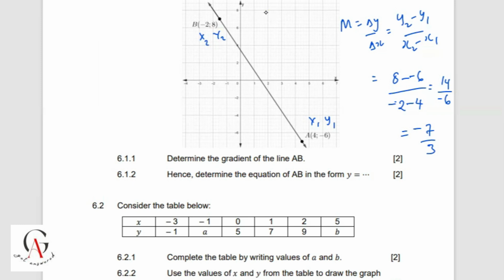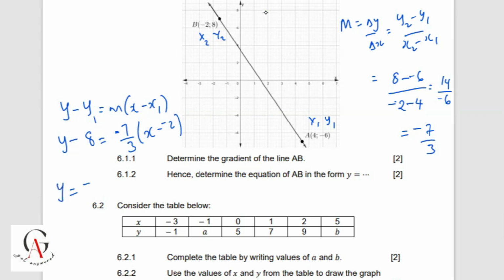So for me to get the equation, I can say y minus y1 is equal to m into x minus x1. So y minus, let me use negative 2 and 8. Y minus 8 is equal to negative 7 over 3 into x minus minus 2.